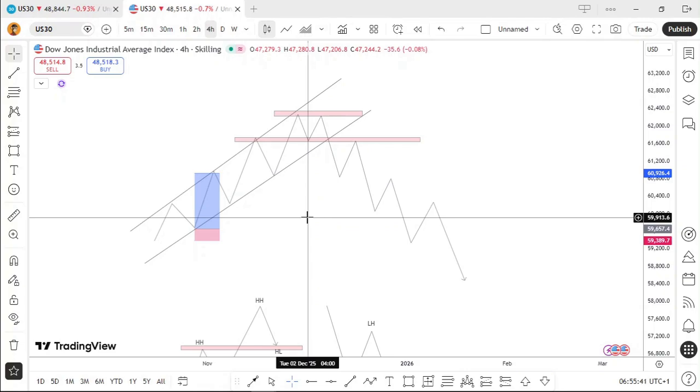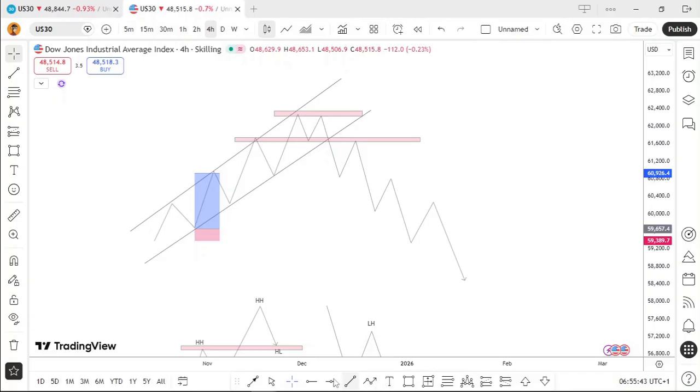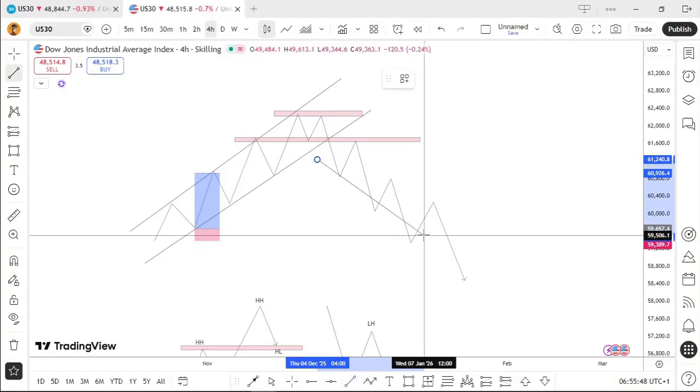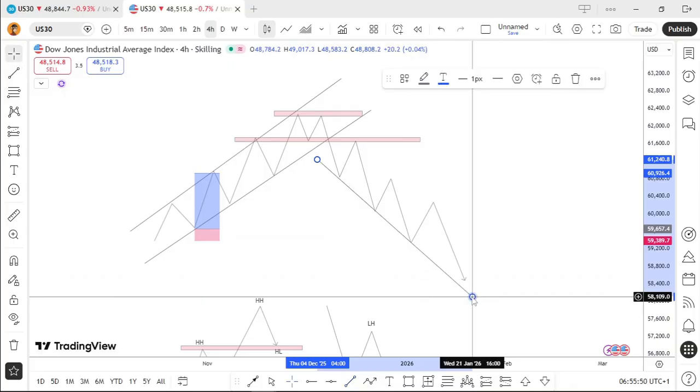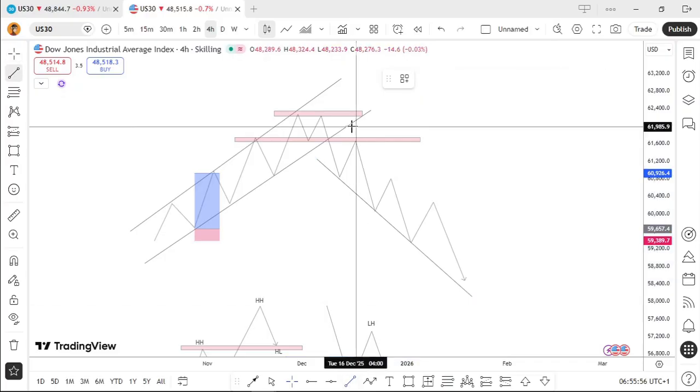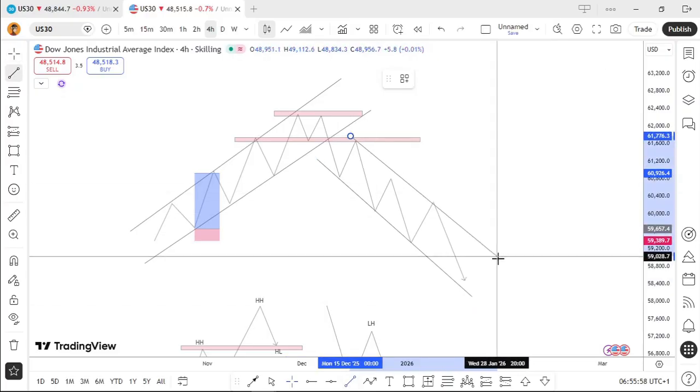So in the opposite market too, the same thing. In the opposite market, which is the bearish movement, the same thing.